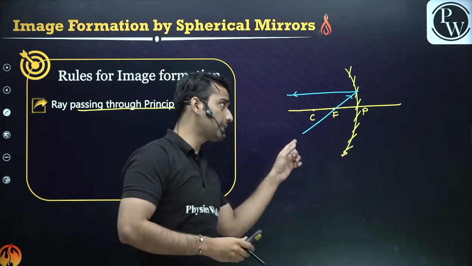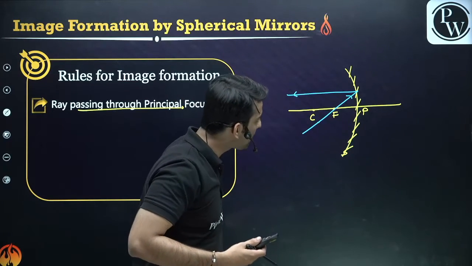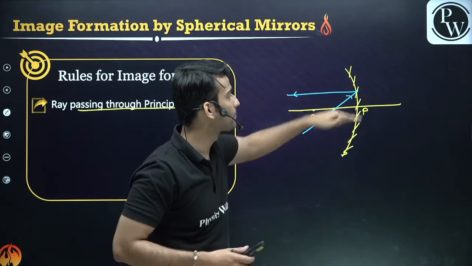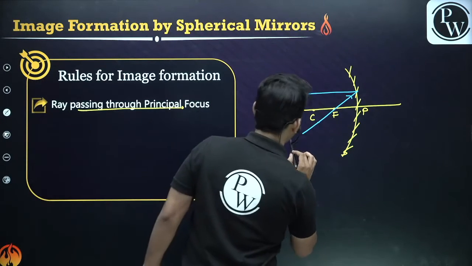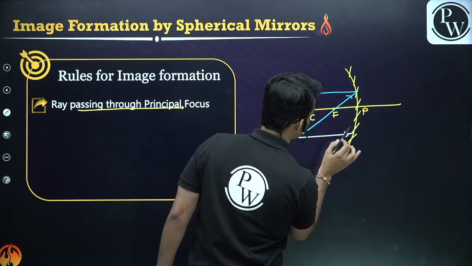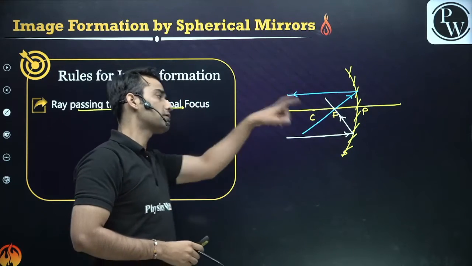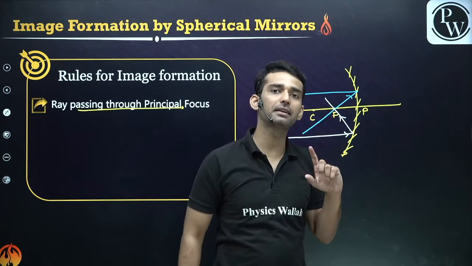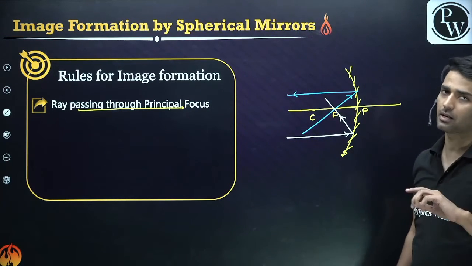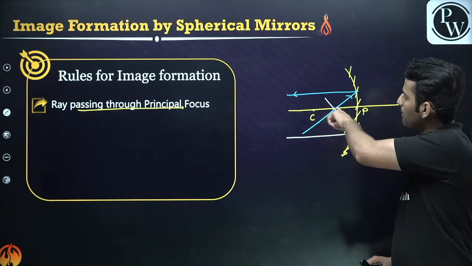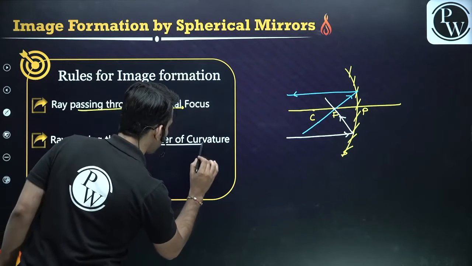If you take any ray parallel to the principal axis, it will pass through the principal focus. So both are the same. A ray has to pass through F, simple. Whether it passes through F first or becomes parallel first doesn't matter. It should pass through the focus. Clear, guys?